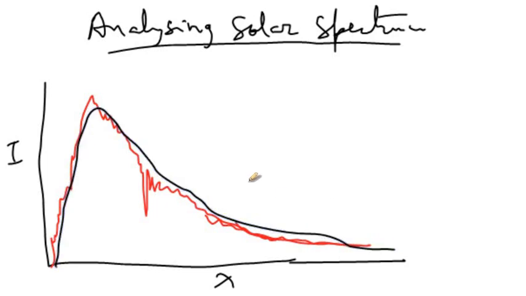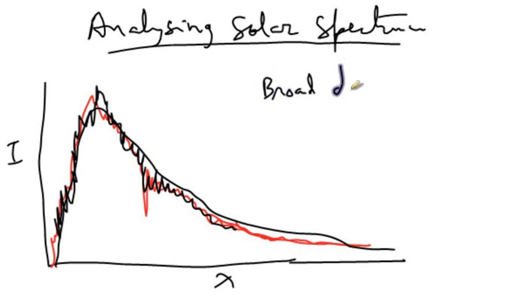Do you observe some sort of average nature? This is the first thing to observe. And next is these absorption lines, these ones, what are they? So one is a broad distribution and next is absorption lines.